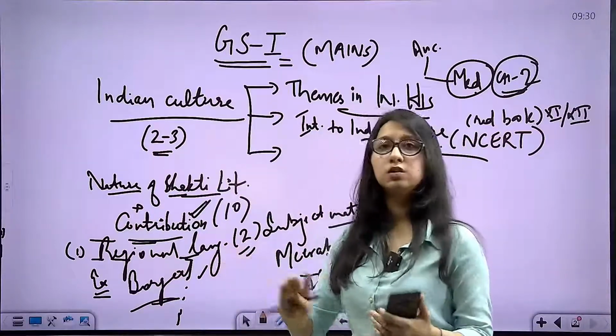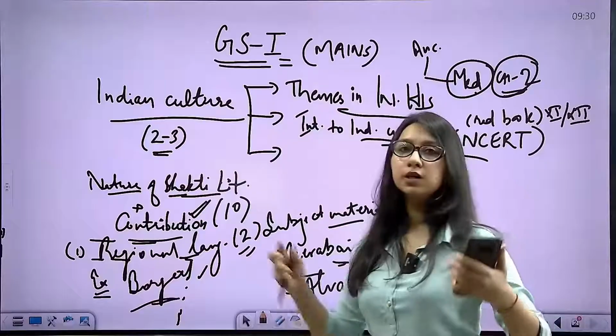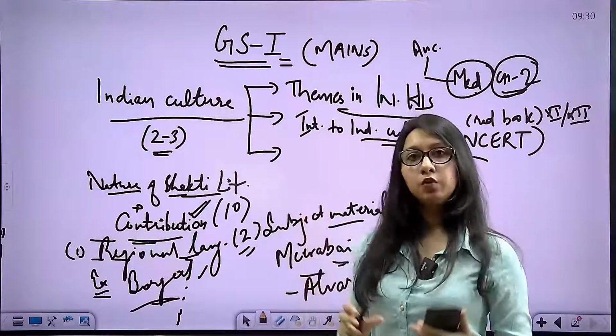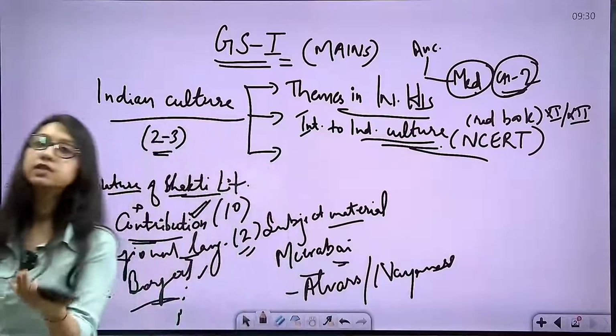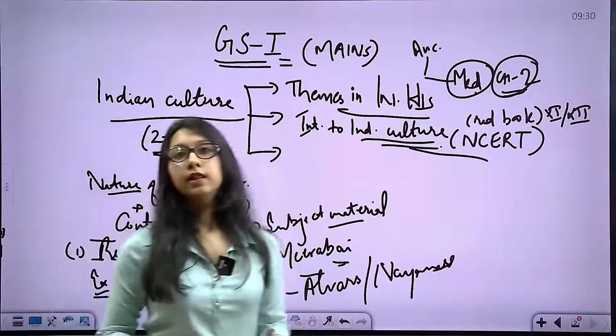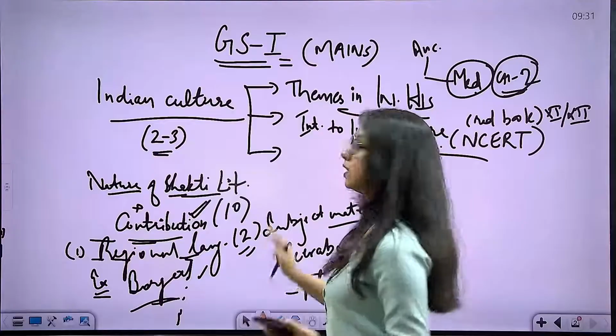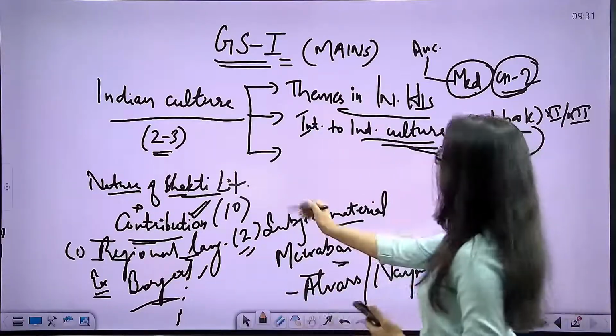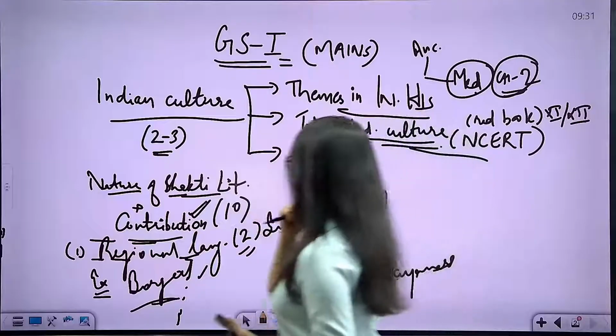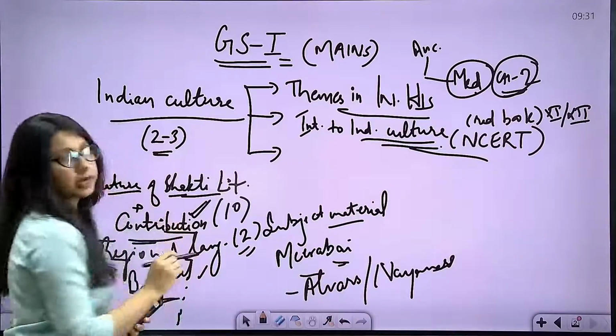Bhakti and Sufi, it was not a single movement. It was a culmination of small interstate movements done through different people, different saints in different states, not leaders. And then an entire wave of Bhakti tradition was formed. As I told you, statewide. These are the kind of things that we write in contribution.